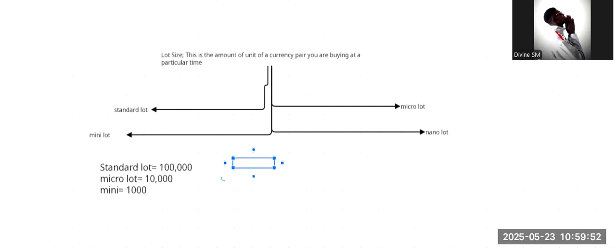One standard lot is equal to 100,000 units of a particular currency. 0.1 of 100,000 is 10,000. 0.1 of 10,000 is 1,000. That's just it.